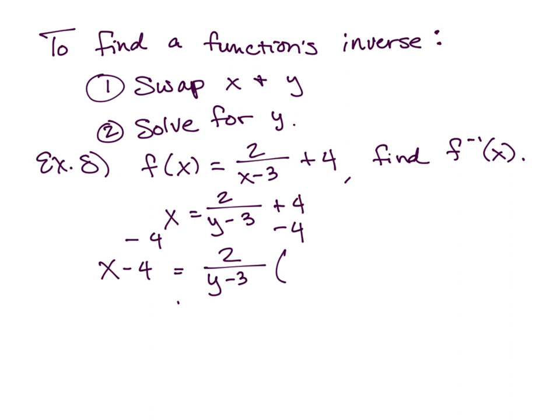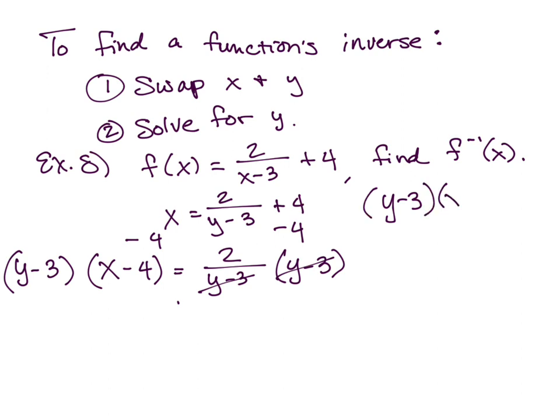Multiply by that y minus 3, and we can cancel it off the bottom. Are y'all following this? So we have y minus 3 times x minus 4 equal to 2.